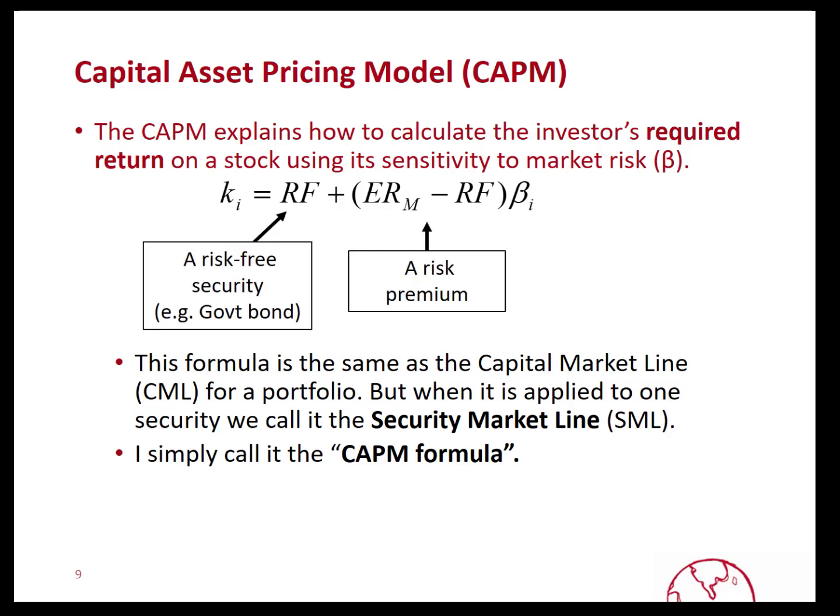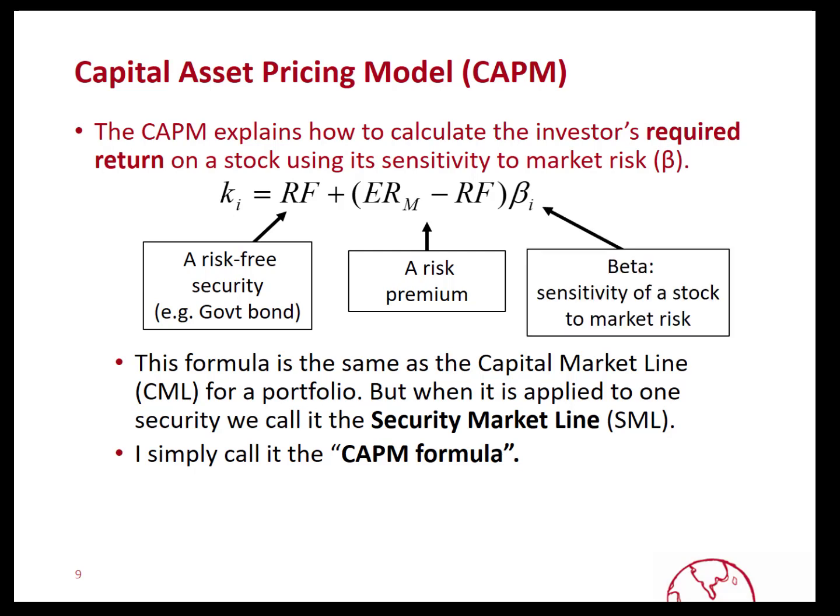And then you get some sort of premium, which is the difference between the long-term return on the market minus the long-term return on a risk-free asset, multiplied by the riskiness of that asset, okay, which is going to be measured by the beta.